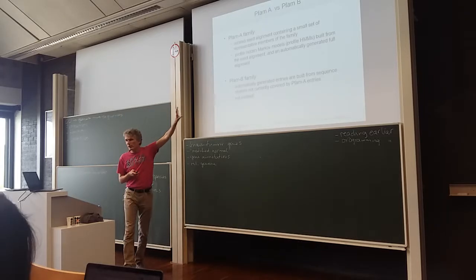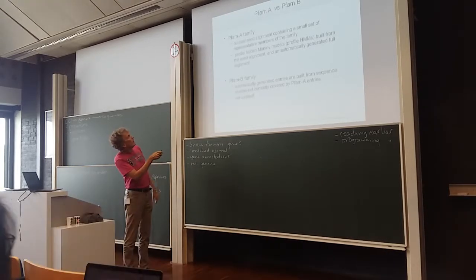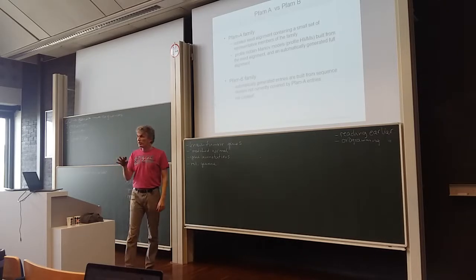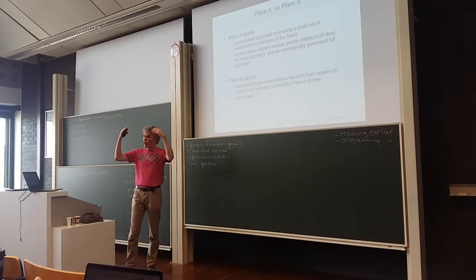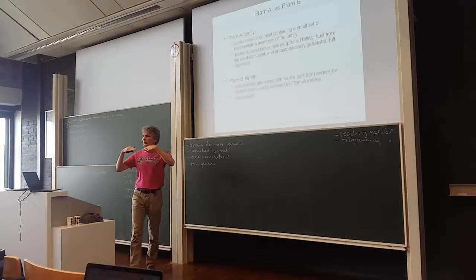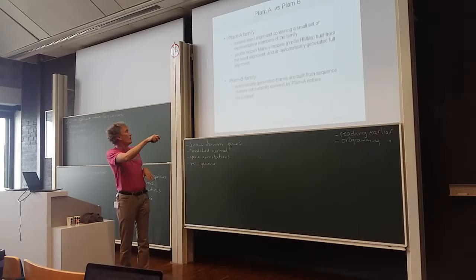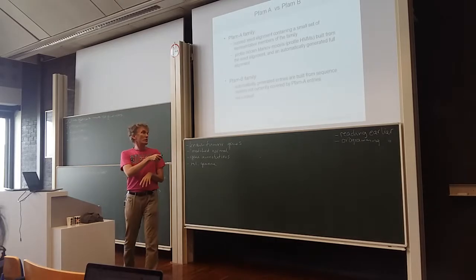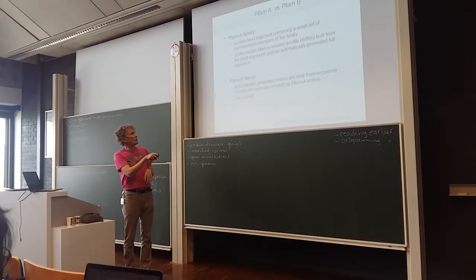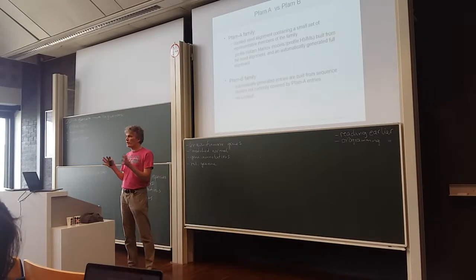There's another important thing about PFAM, which is that there is an A and a B part. A is just the curated seed alignments and the Markov models, and the B family is all the other additional sequences that are aligned there. So you can think of A as the more primary side of the data, and B as the derived data. A is quite confident. It's human curated.